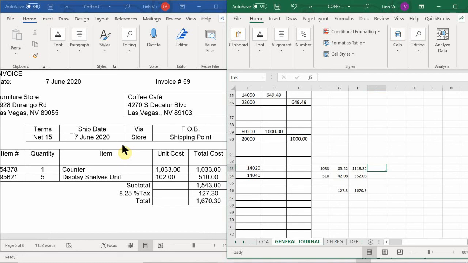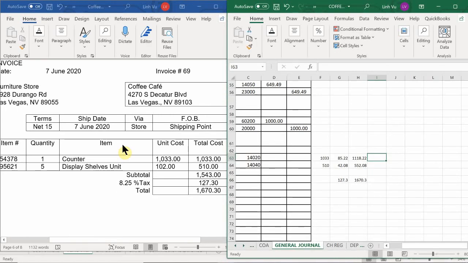I take a look at my package, I have a counter and display shelves, and I'm going to make the executive decision to say the counter is going to weigh more than the display shelves. So I'm just going to dedicate 75% to my counter because it's definitely more than 50% heavy, while my display shelves is only 25% of the weight.